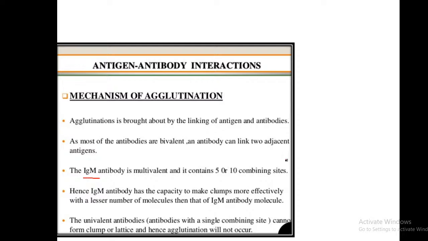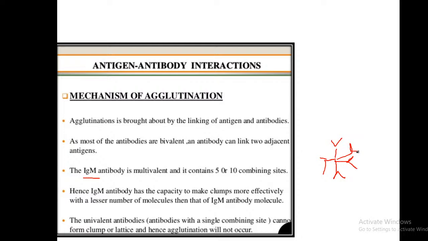Hope you remember we said it is a pentamer. All other antibodies are monomers and this IgM is a pentamer which is having larger molecular weight. ഓർമ്മയുണ്ടെന്ന് തോന്നുന്നു. ഇങ്ങനെ 5 എണ്ണം ചേർന്നാണ് ഇരിക്കുന്നത്. It is a pentamer. It's a simple picture.